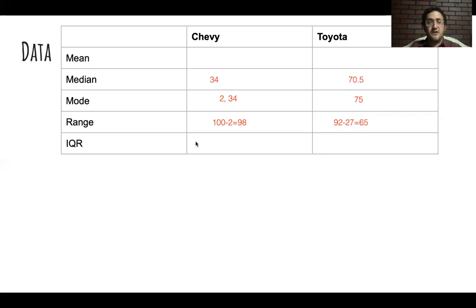And then our IQR is just Q3 minus Q1. And we computed those. So for the Chevrolet, the Q3 was 66.5 minus 12.